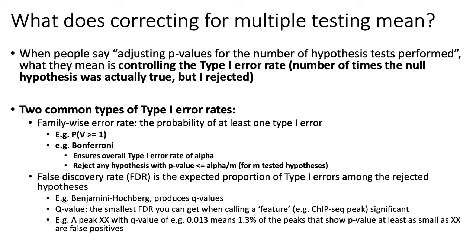And so you're minimizing the probability that V is at least 1. Right? So this is a really stringent multiple hypothesis correction, because what that means is you're trying to change your p-values in a way such that anytime you do reject the null hypothesis, it's likely to actually be that you're taller than your average UC Davis undergrad student.